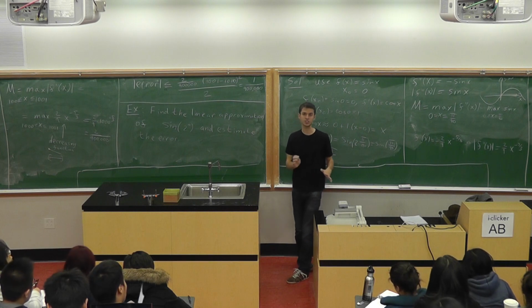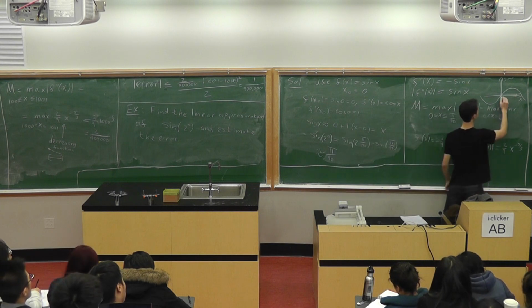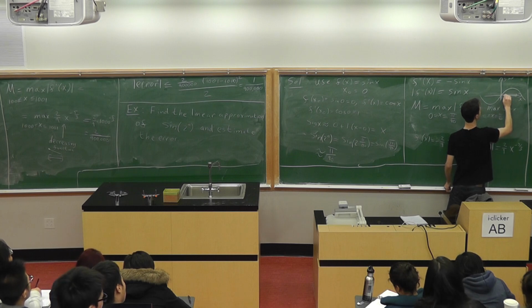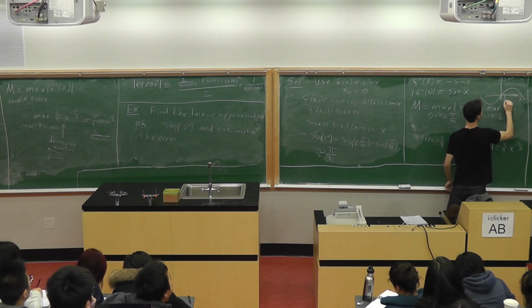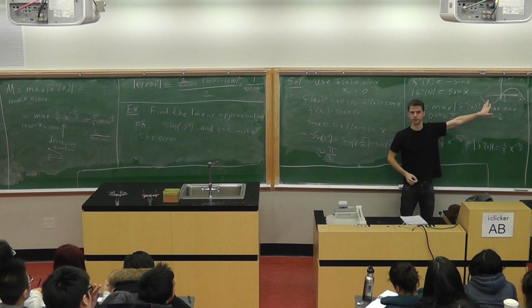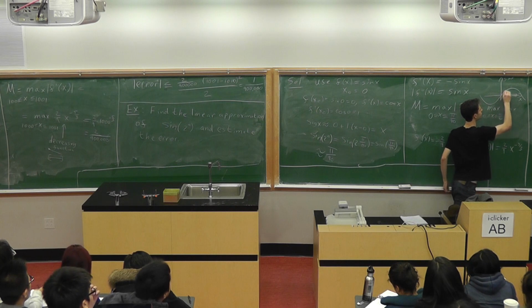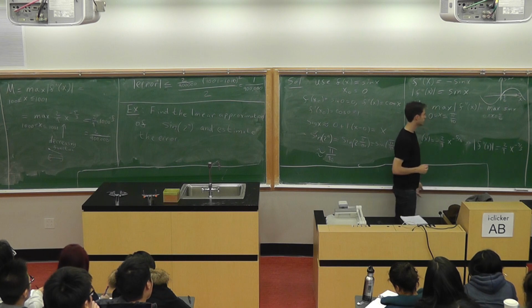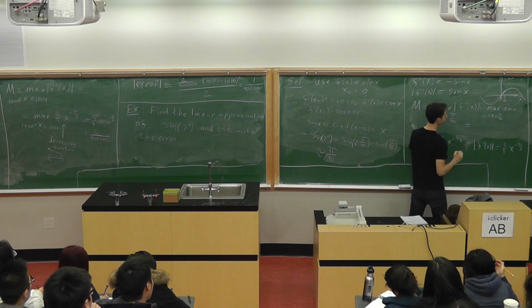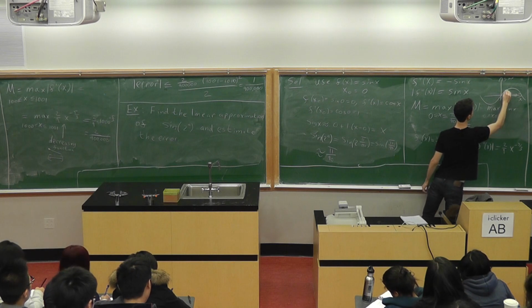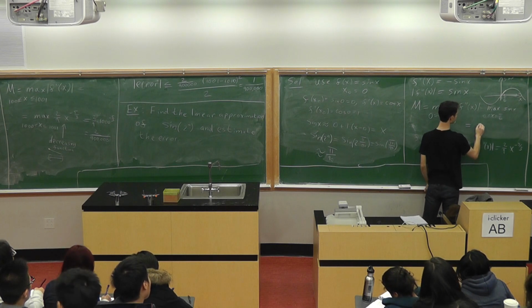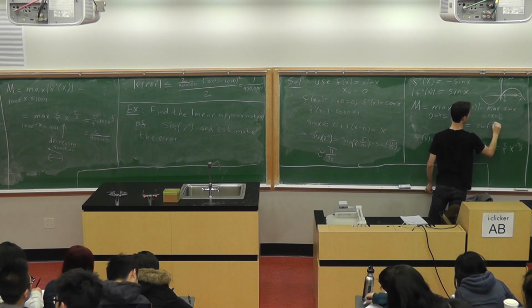But that's not what we're interested in here. We are only interested in the interval from 0 to pi over 90, which you know is a pretty small number. So on this interval, the function is increasing. So the largest value is attained at the right endpoint. So it is sine of pi over 90.